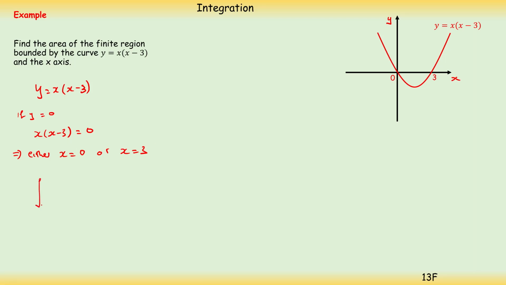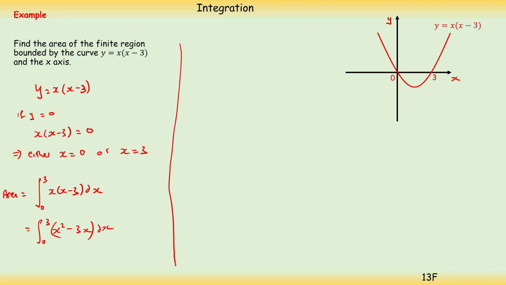So if I integrate from 0 to 3, let's say area equals the integral of x times (x minus 3) with respect to x. First things first, I've got to expand. So from 0 to 3 of x squared minus 3x with respect to x. I'm just going to write it here, give myself some room.